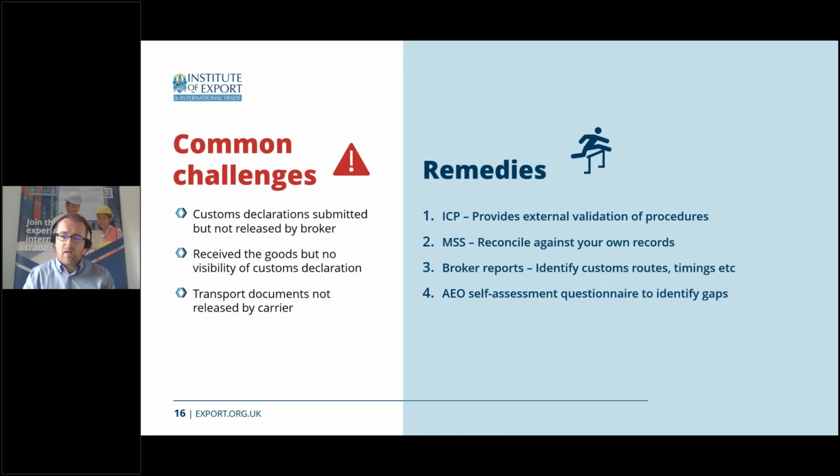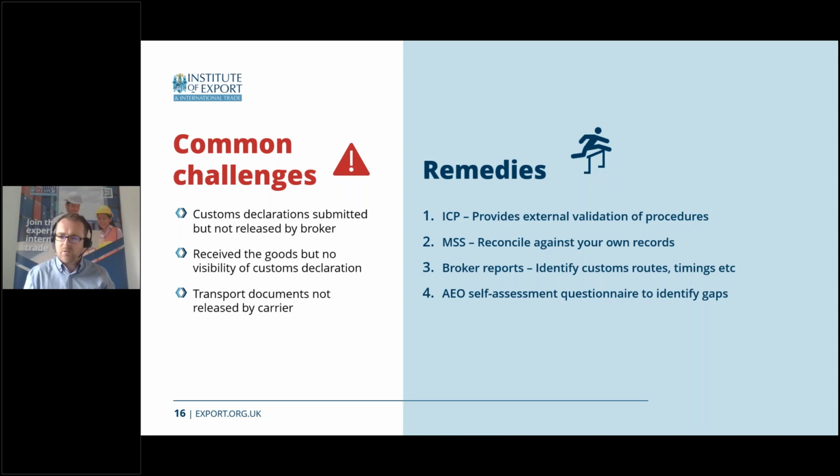So that's something that we would strongly recommend that you explore and implement in the company, because then it's not just your perception of being compliant, you've got that external validation as well.